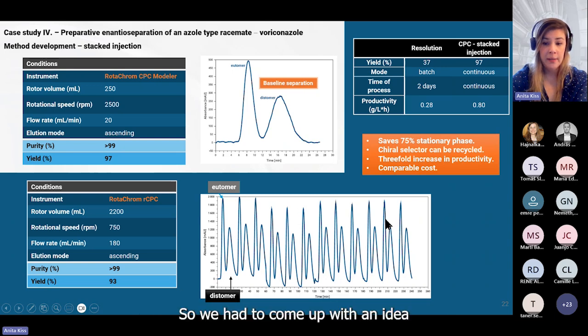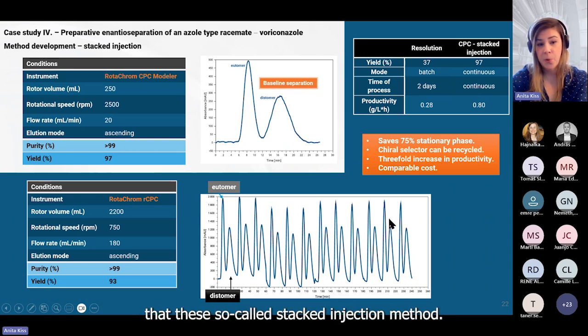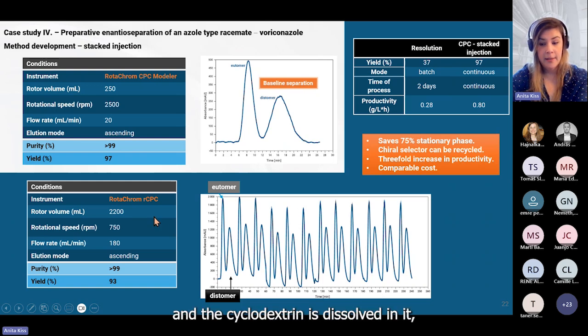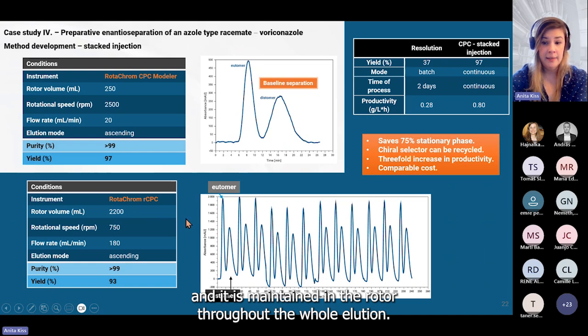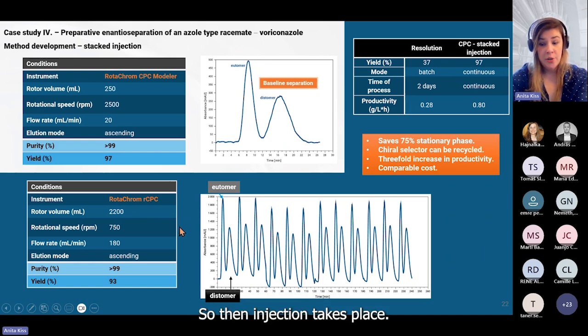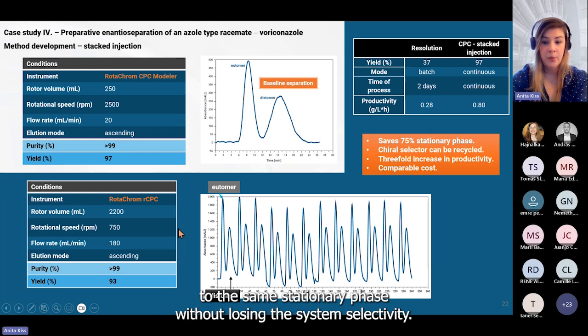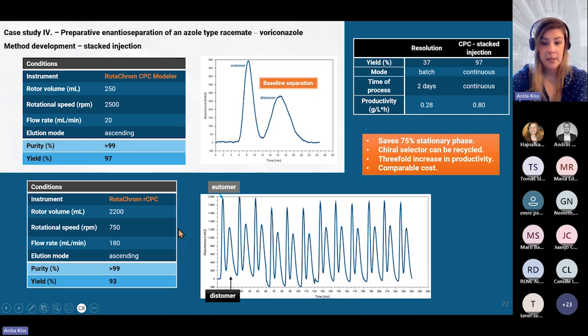So we had to come up with an idea, the so-called stacked injection method, where the rotor is filled up with the stationary phase and the cyclodextrin is dissolved in it. And it is maintained in the rotor throughout the whole elution. Then injection takes place, and with a specific type of elution mode, we managed to inject 12 times to the same stationary phase without losing the system's selectivity.